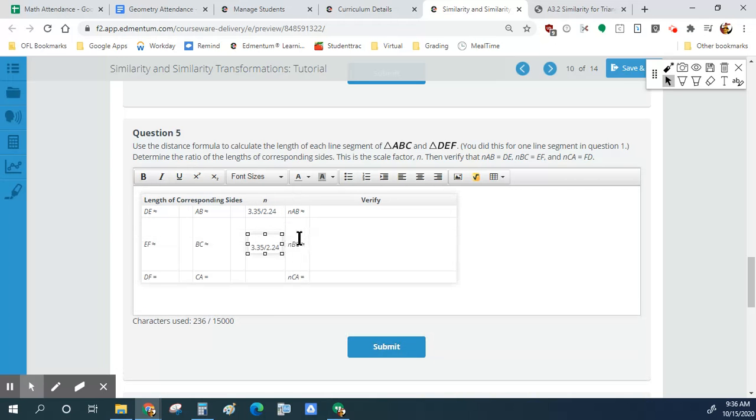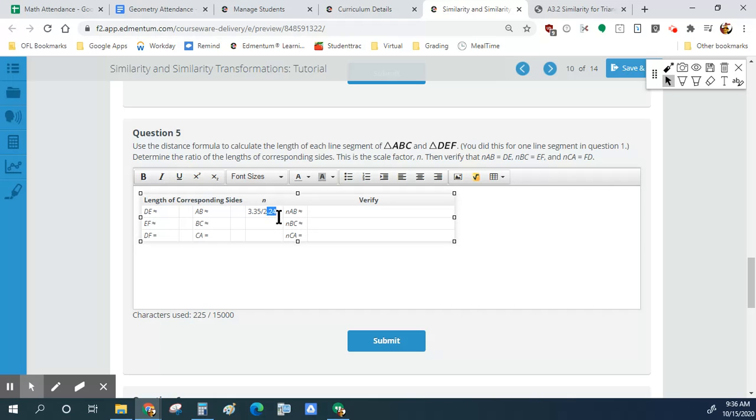Oh gosh. What I get for being lazy, I guess I could have typed it out in the time it took me to figure out how to paste it. All right. So that's our scale factor.